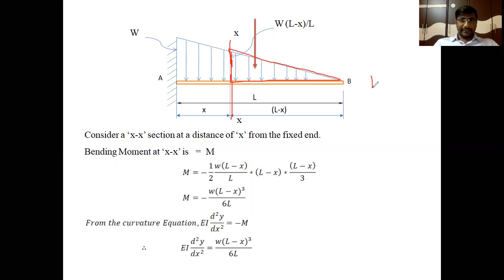So triangle area is half into length into breadth. What is the length from the section to B? The section to A is X, total length is L. Therefore, the length from the section to B is L minus X.